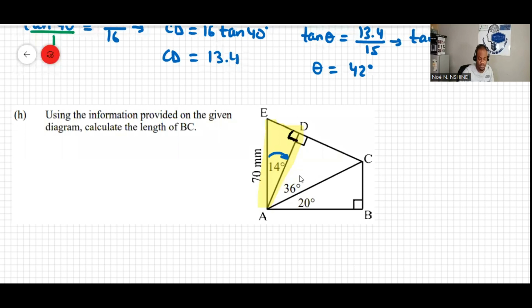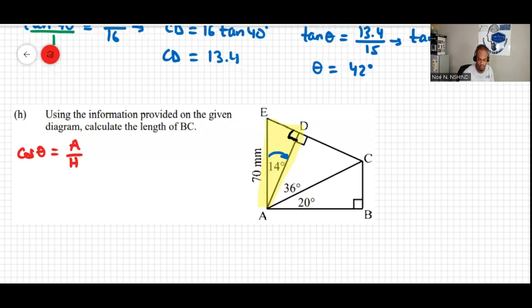it's adjacent to this angle of 14 degrees, so I can use the cos ratio. So cos of the angle, we do know it is adjacent over hypotenuse, okay? So we can then say that cos of 14 degrees will be equal to the adjacent side, which is 80, over the hypotenuse, which is 70 millimeters.